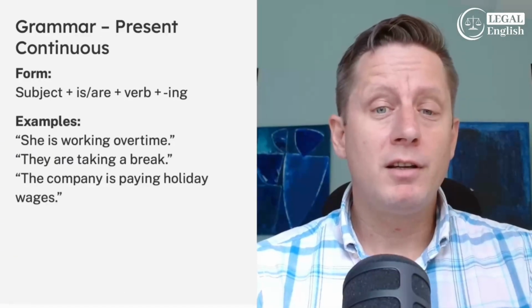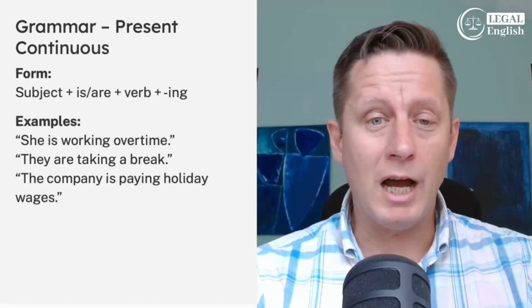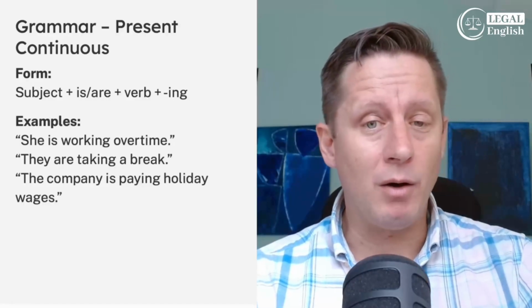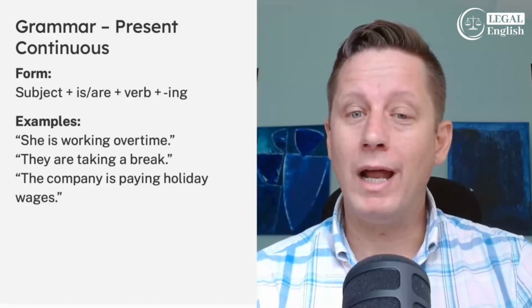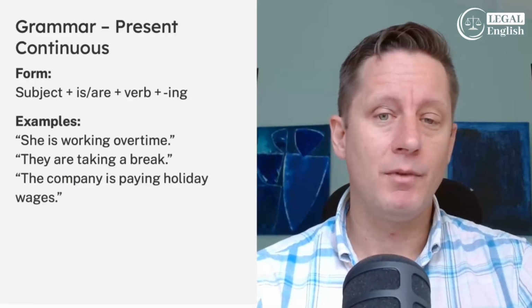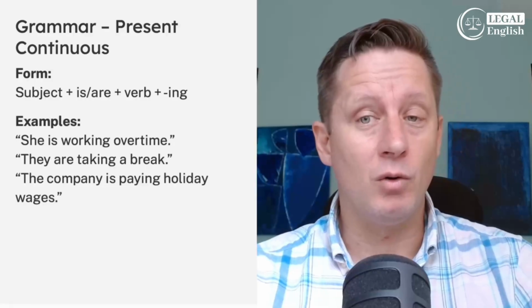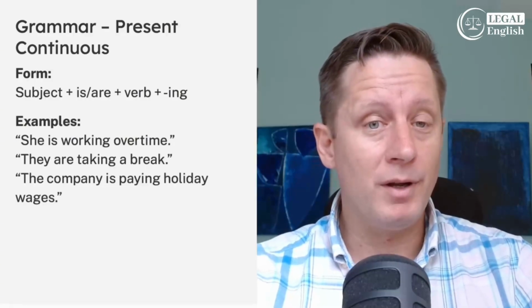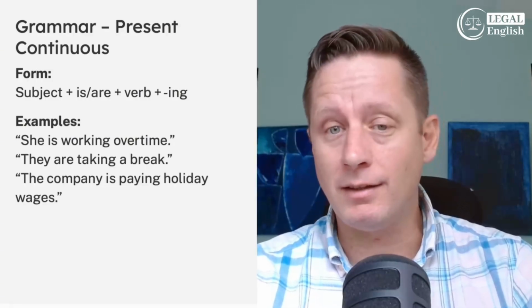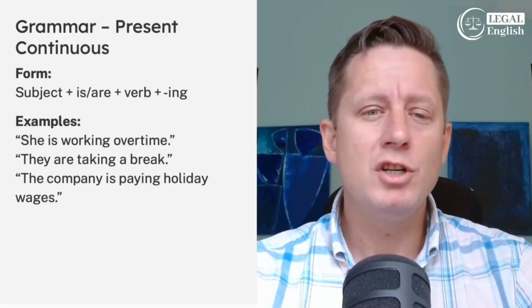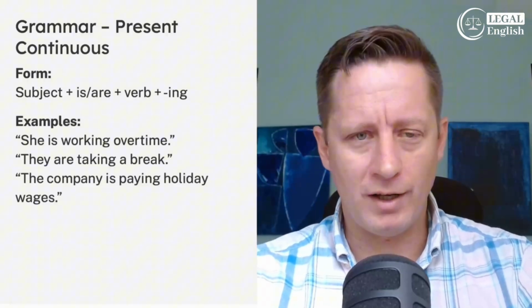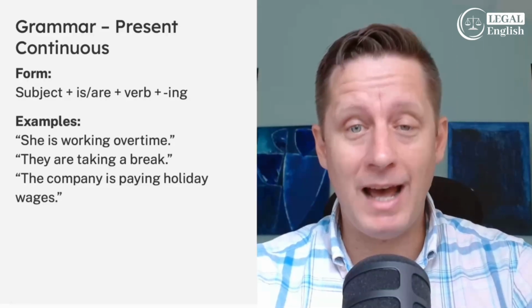The present continuous is used to describe actions happening right now or things happening around this moment in time. The form is simple: subject plus is or are plus the verb and the ing ending. For example, she is working overtime. This is happening now.